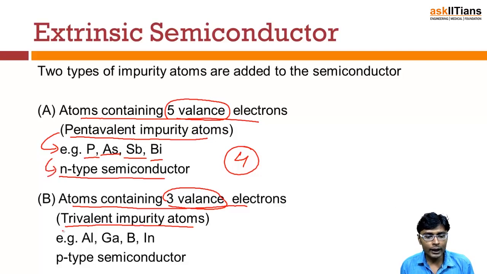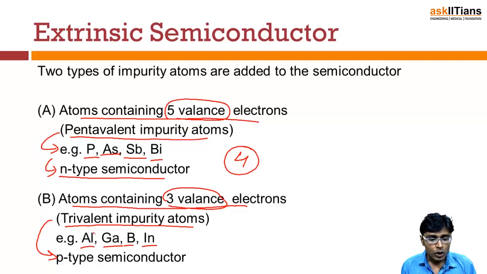And if we add trivalent impurity atoms to an intrinsic semiconductor, the extrinsic semiconductor will be called the p-type semiconductor. Examples of trivalent impurities are aluminium, gallium, boron, indium.